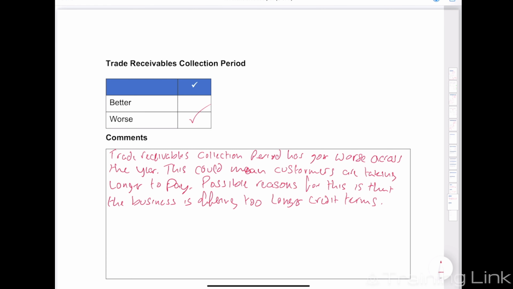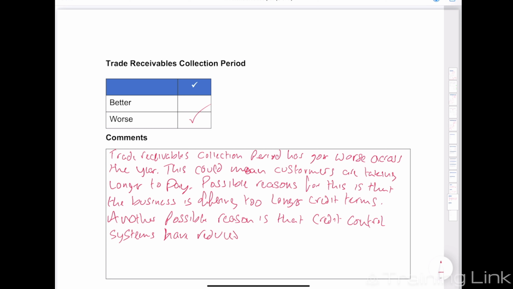Another possible reason is that credit control systems have reduced in standard. Excellent. So that explains, or possibly explains, the trade receivables collection period.